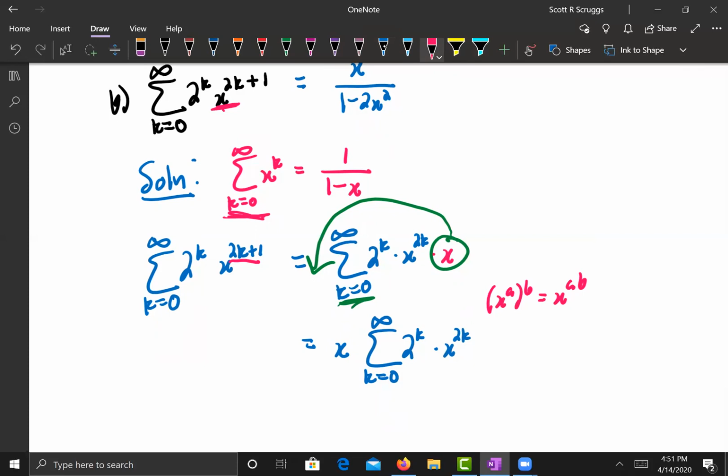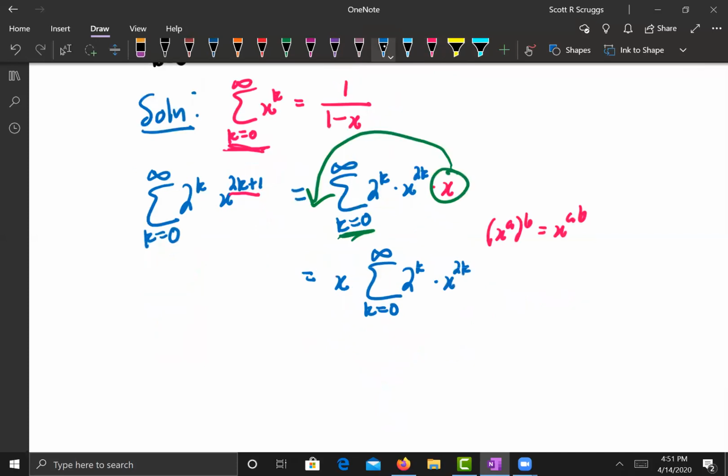So I'm going to rewrite that as x times the sum from k equals 0 to infinity of 2 to the kth power times, and in this case, I'm so sorry, let's rewrite that. a will be 2 and b will be k.